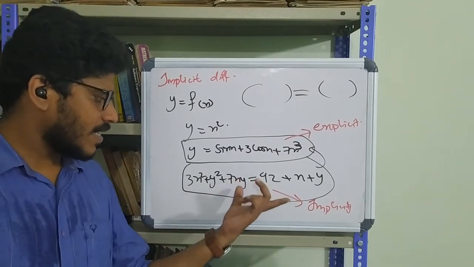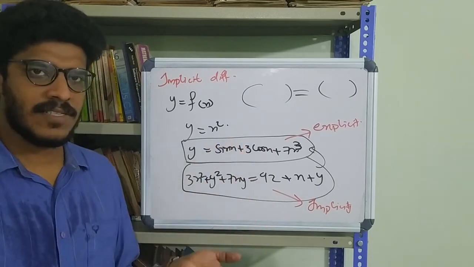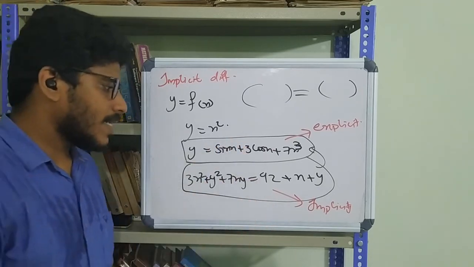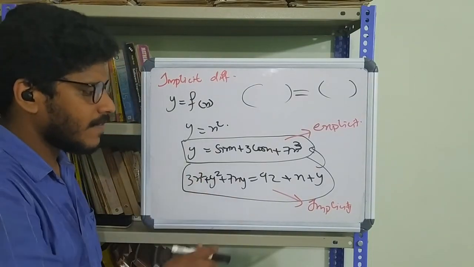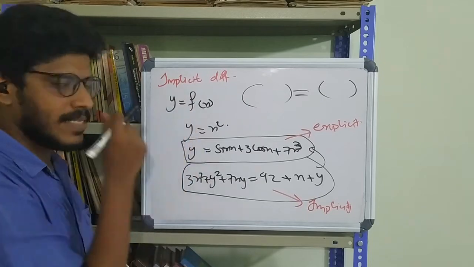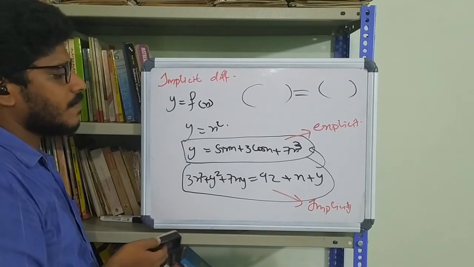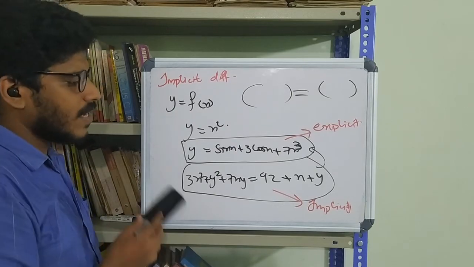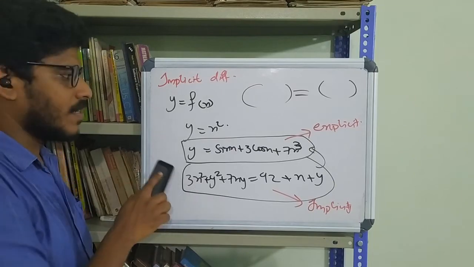This definitely gives a relation between x and y, but not as a simple function we have seen so far. So the technique used to find the derivative of y with respect to x is called implicit differentiation. More than going into deeper theories, it's better to discuss implicit differentiation with an example.